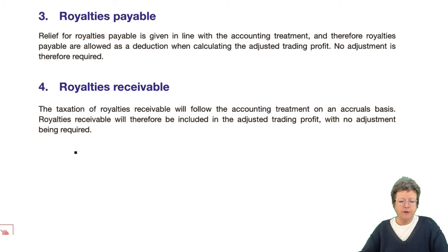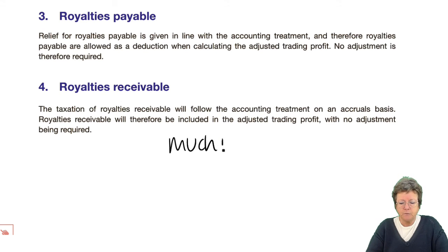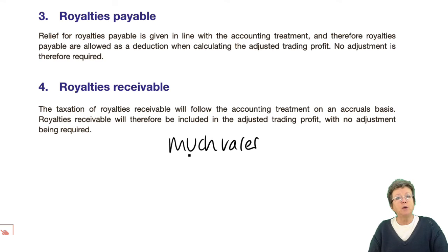So royalties payable. Now these are much rarer than they used to be. A royalty is, so if you write a book, then you will have that with your name on it. Anybody uses that, they have to pay you a royalty. If you make a record, it becomes very famous, every time somebody plays your record, your music, they have to pay you a royalty.